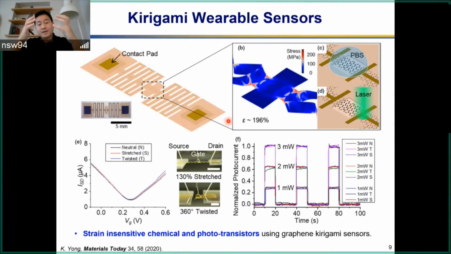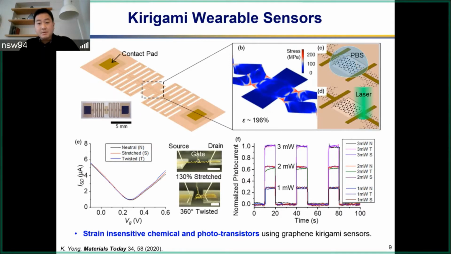We put a drop of water, and we're gating the channel through external wires in this setting. As you can see, as you apply different mechanical deformation, whether you stretch or twist, the IVG curve is conceptually the same as our strain gauge type of measurement.